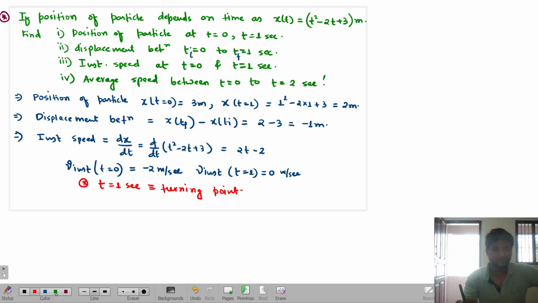Okay. So at t is equal to 1, as it is a turning point, if I ask you average speed, then the equation will be modulus integral 0 to 1 second, because I'm trying to calculate from 0 to 2 seconds. So 0 to 1 second, velocity which is 2t minus 2.